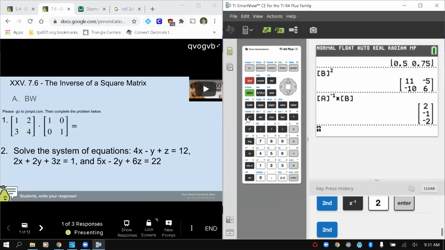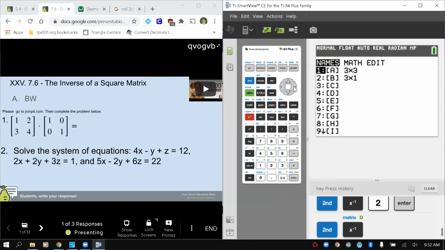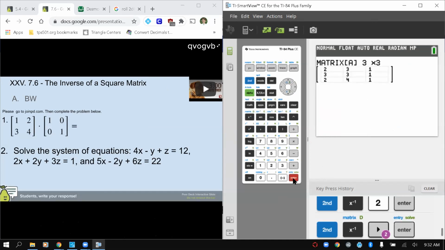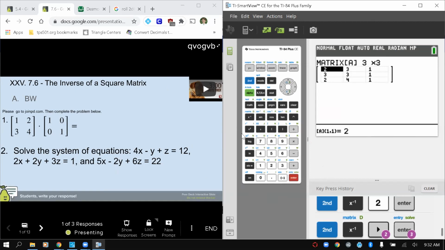All right, so to do that, the first thing we need to type in is a matrix. Go to edit, and we're going to edit matrix A. It's a 3 by 3, where the first column is my x coefficients, the second column is my y coefficients, and the third column is my z coefficients.